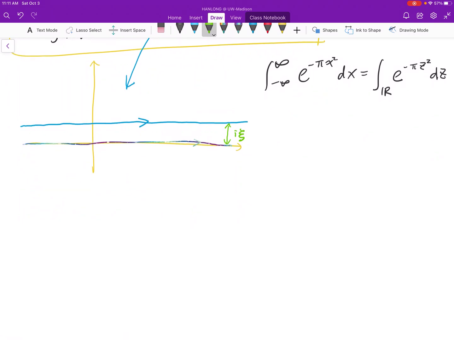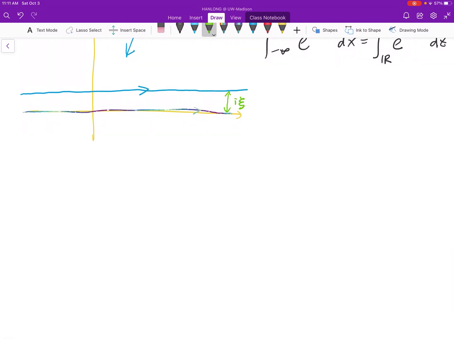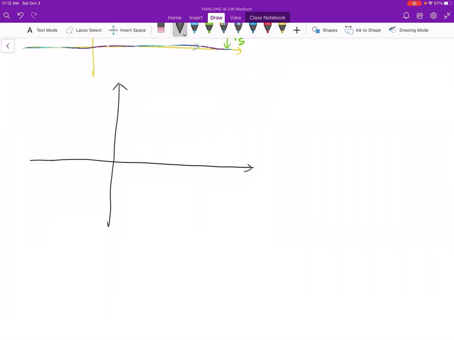Okay, the picture already tells you a lot. If you think hard enough, probably you will have an idea how to connect these two paths. That's exactly the idea of the proof. So next we draw the picture. We construct a rectangle. You have four sides and four vertices: negative R, R, R plus i c, and negative R plus i c.